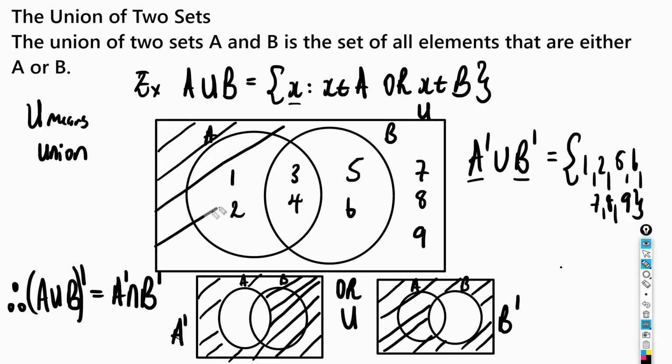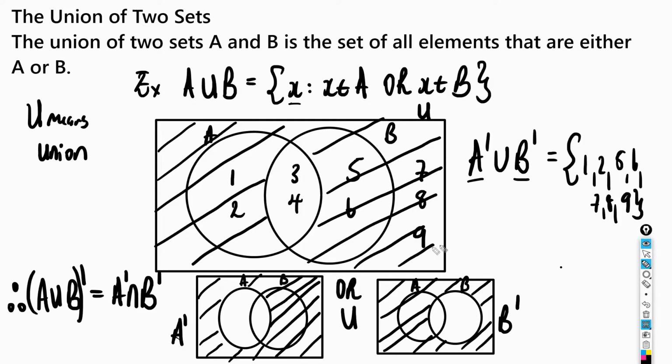Let me just shade that region. So everything outside of the 3 and the 4. That's what you end up with when you find the union of A prime and B prime. Cool.